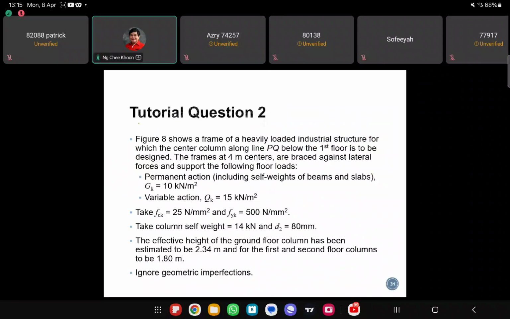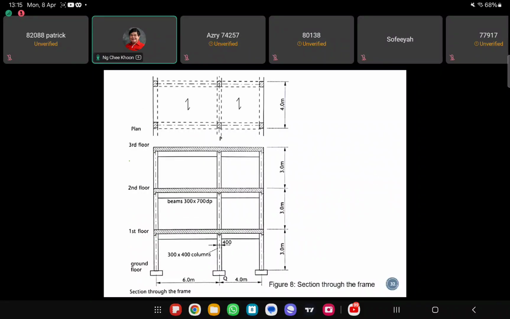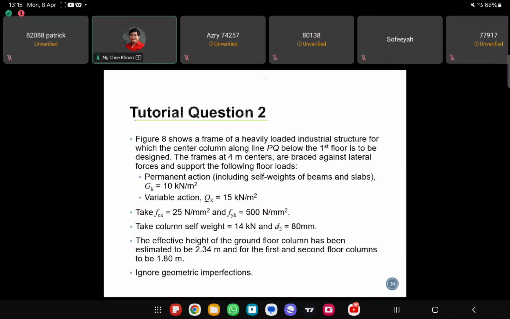So now let us look at another tutorial question here. We have a building frame like this, right? It is a heavily loaded industrial structure where the centre column of line PQ below the first floor is to be designed.